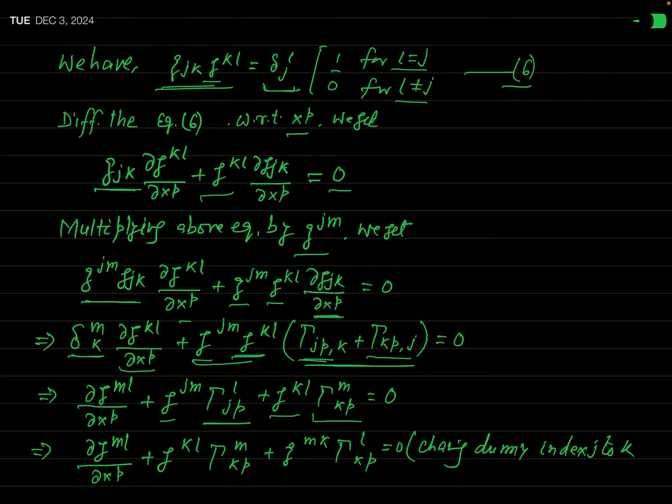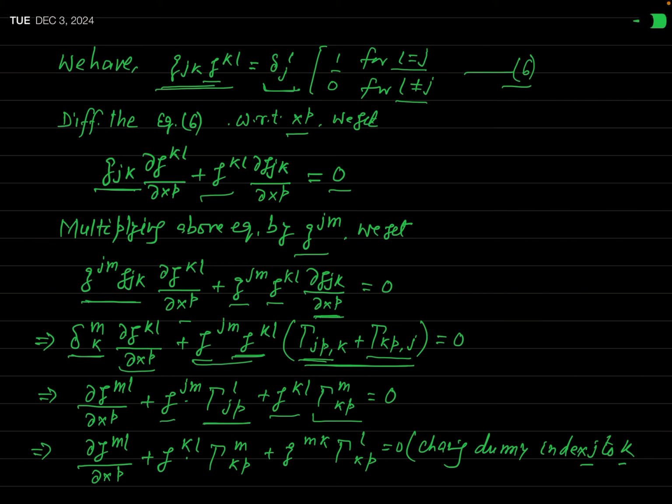Now you know that dummy indices may be freely changed. So in this expression, let us change the dummy index j to k. It means you must write k instead of j. Where there will be j, we will write k. So here there is g superscript jm, and instead of this j, I have written this k.